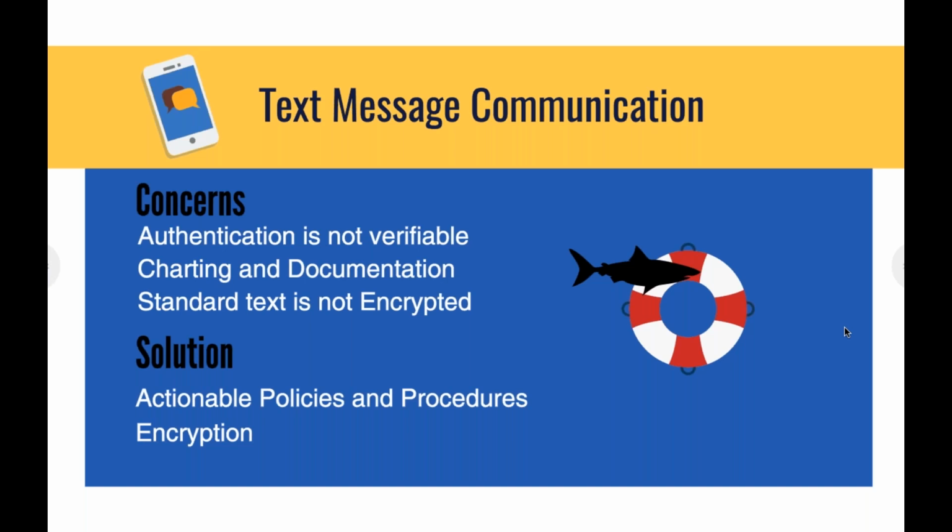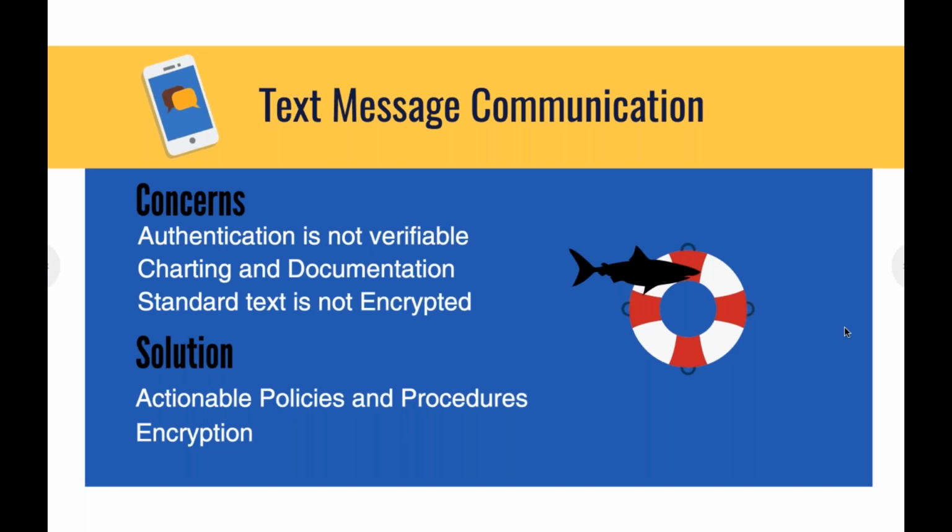What I mean by that is, what happens if a phone number changes? What happens if my phone is sitting on my desk and somebody sees that message pop up on the screen and it has medical information on it? That's an improper disclosure. That's a breach of your protected health information, personally identifiable information.